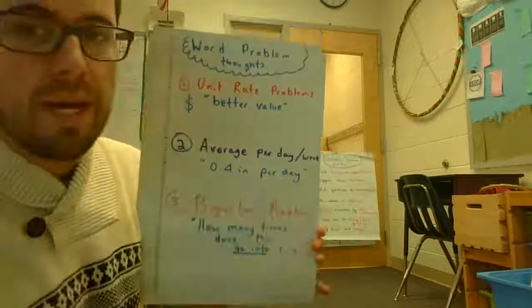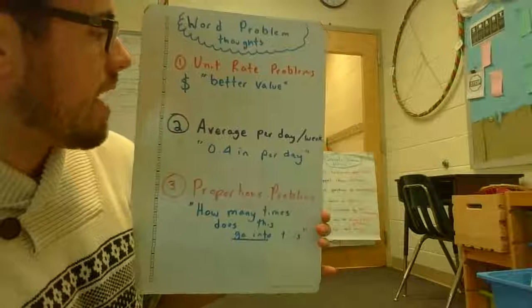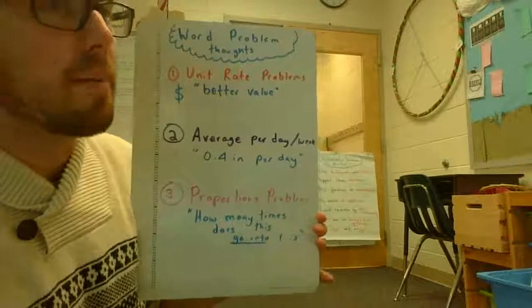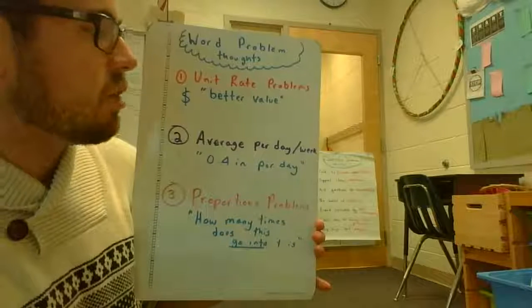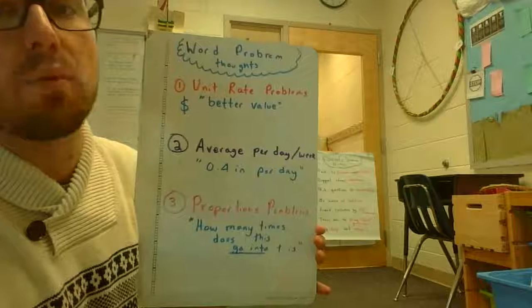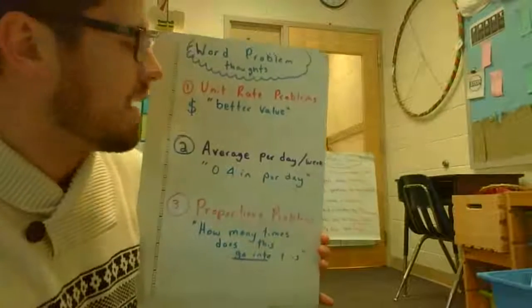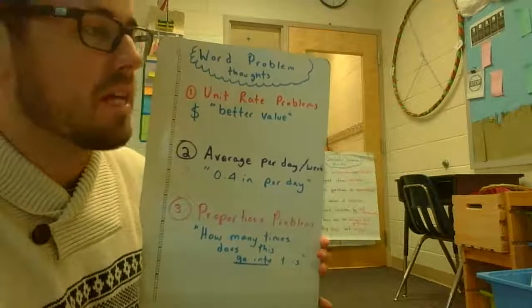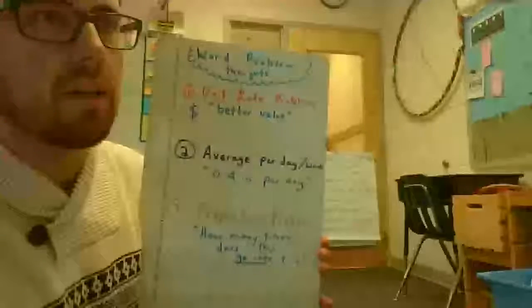Another type that you might encounter is an average per day, per week, per a certain amount of time problem. So these are asking you if there is an average amount of, for example, rainfall per day, what would be the total rainfall in a month?